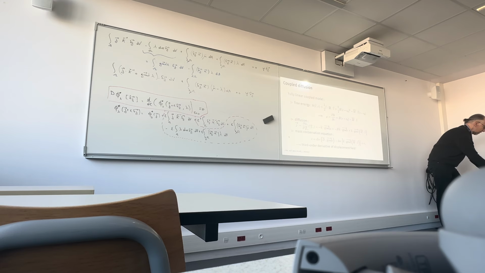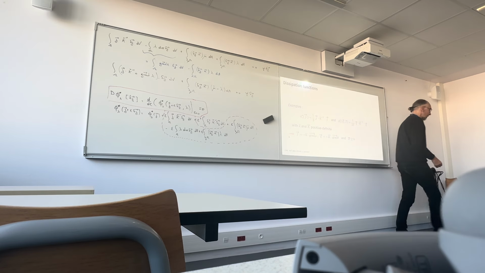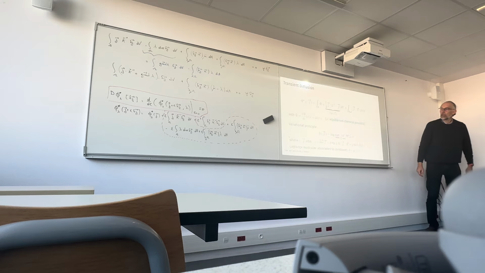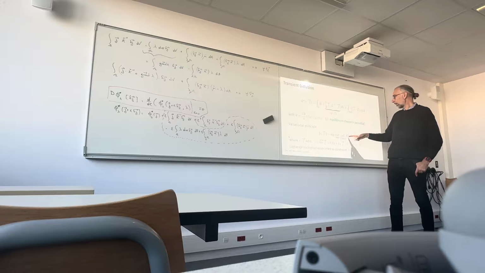So let's see where. I'm working with this. There is a typo in the slide, because I changed the notation, so I should have changed it everywhere, but not yet.